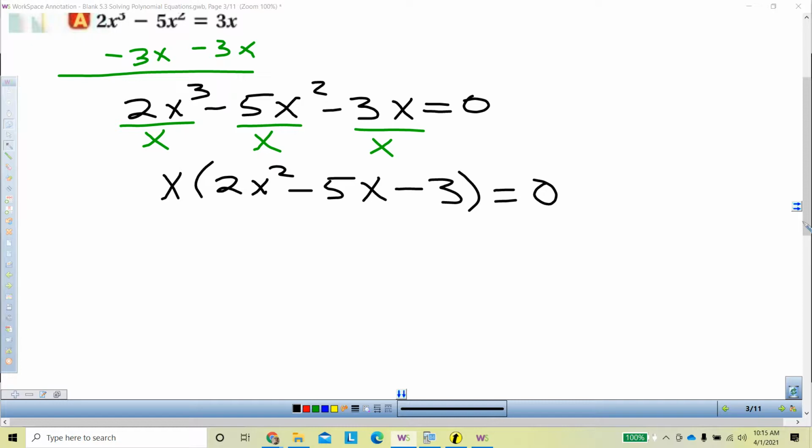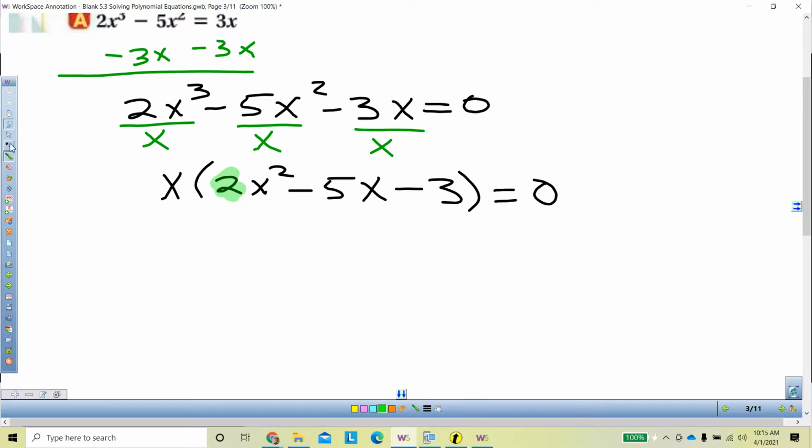So in the parentheses, what do I have to do? Indian method. I know I have to do the Indian method because I have that number in front of the x squared. So again, that's why we're pulling all this stuff I've taught you over the last couple of chapters into one section here, and you're like, wow, mind blown.